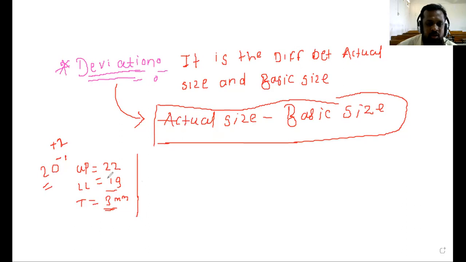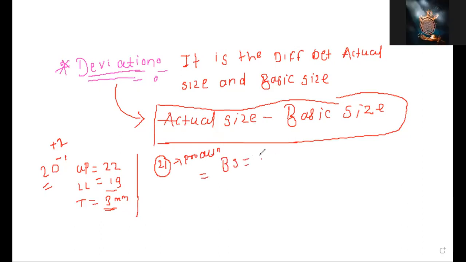Suppose with reference to this information we have done the production, and after the production the diameter or size of the product is measured and it is 21. Then tell me, what is the basic size? 20.